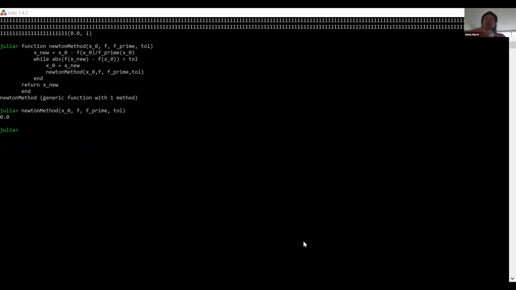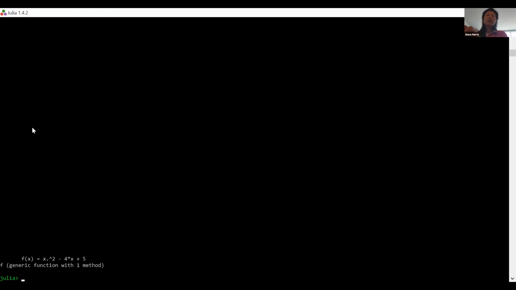So now I'm going to write down the things that we've been writing down. So we decide f to be what? Because I don't want to do that by hand, it's taking forever. So f of x is equal to x squared minus 4 times x plus 5. That's what we chose.